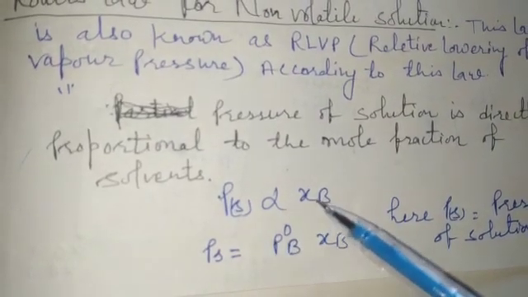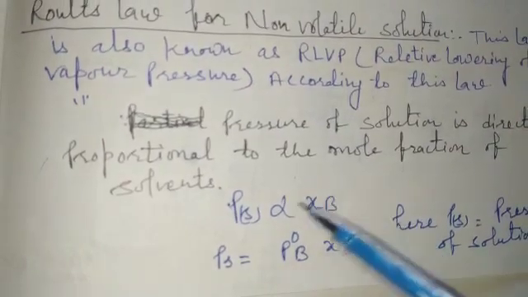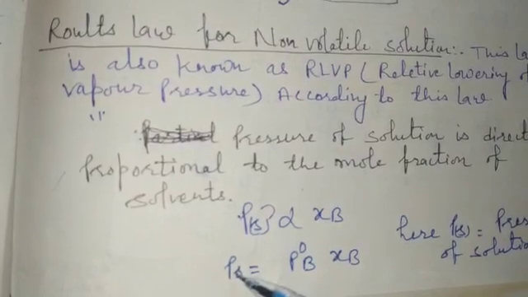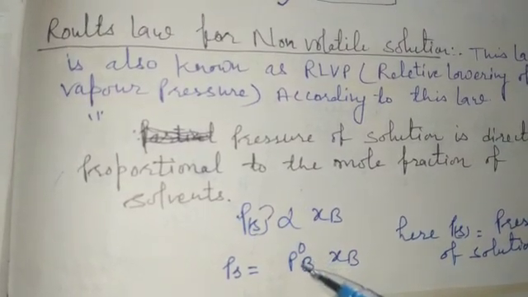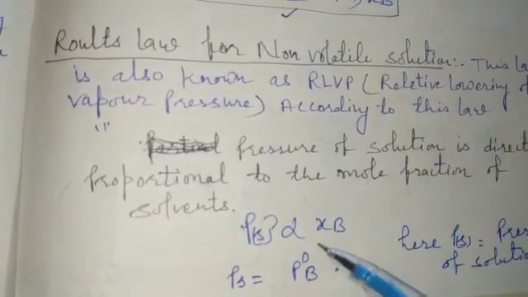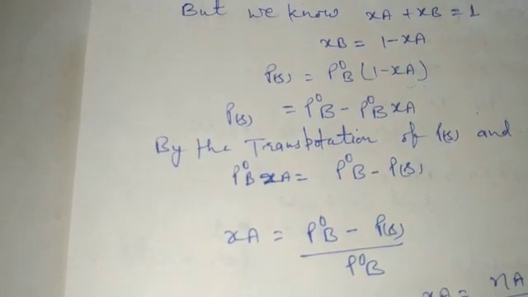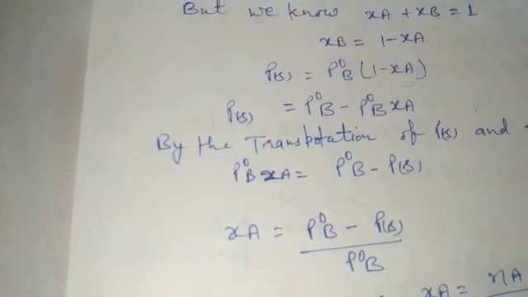Ps is directly proportional to Xb, where Xb is the mole fraction of the solvent and Ps is the total pressure of the solution. So Ps is equal to P naught B Xb, removing the proportionality constant, where P naught B is the vapor pressure of the pure solvent. We also know the total mole fraction of a solution, Xa plus Xb, equals 1.